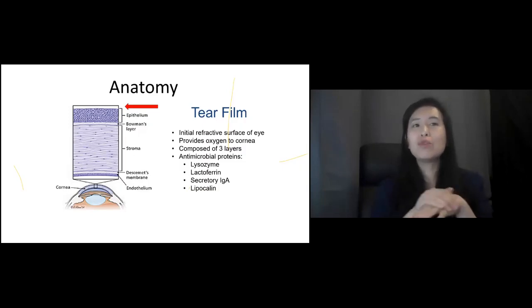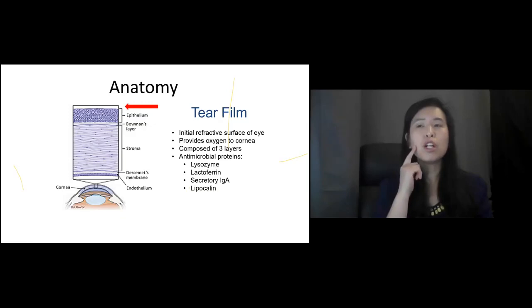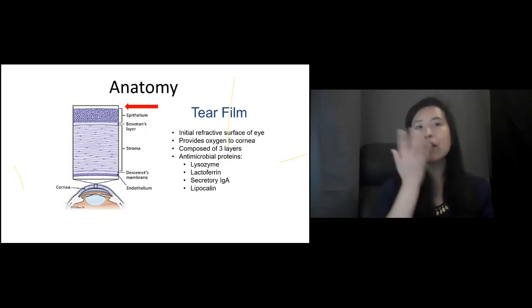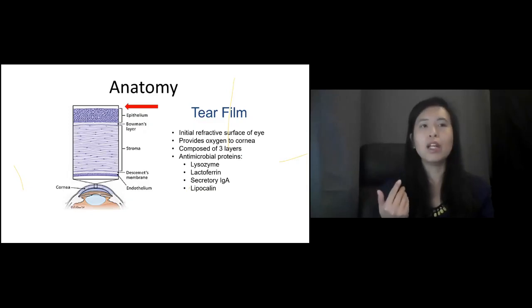And you can feel that that is rough compared to put your tongue on the inside of your cheek, right? That feels different. That's because both of those tissues, your skin and the inside of your mouth, have epithelium, but they're different kinds of epithelium. So the epithelium that covers the entire surface of the eye, including the cornea, is more like the epithelium inside your mouth. It needs to stay wet all the time.